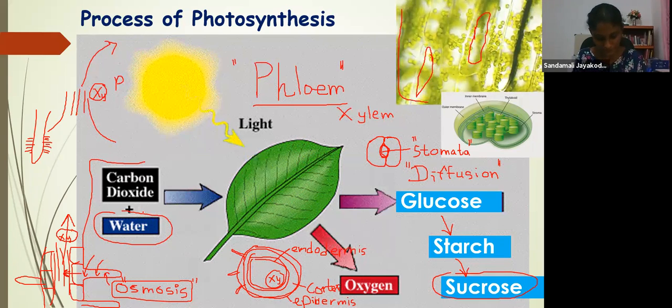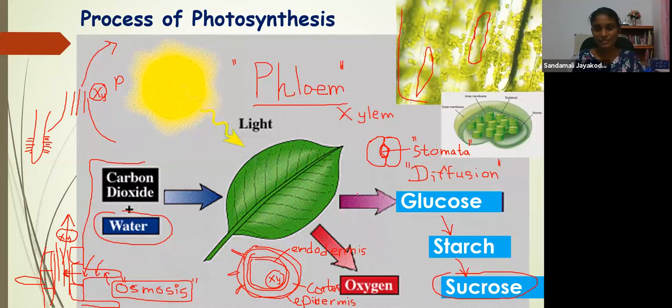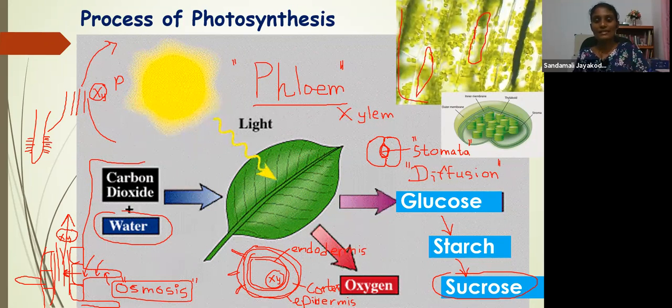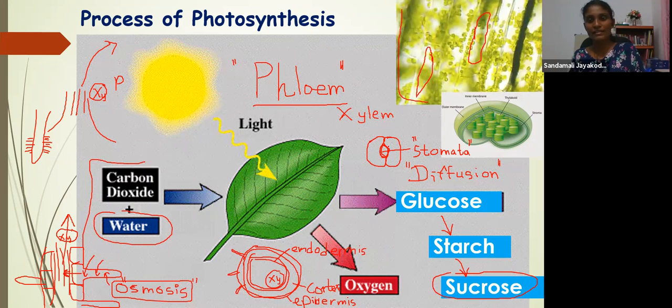And then, as I told you at the beginning, before that I have to tell you where it is going to be taken in. The place is stomata.